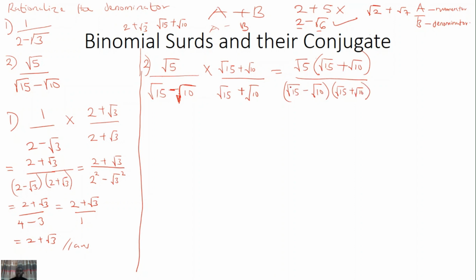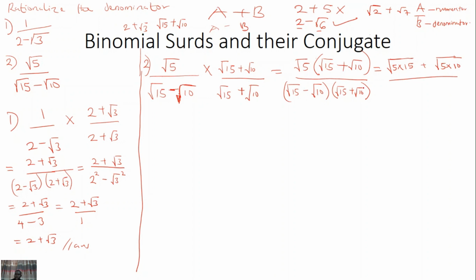Now, if we expand this bracket, this is going to give us root 5 times root 15 plus root 5 times root 10, all over.